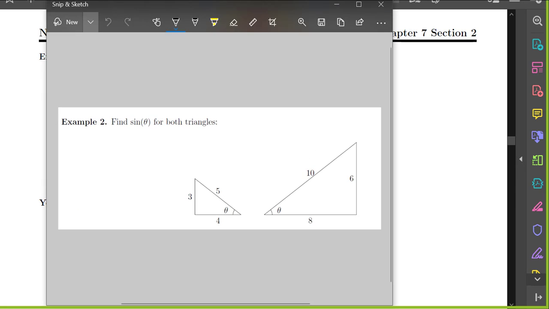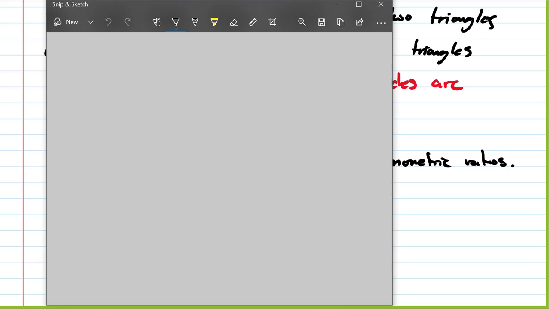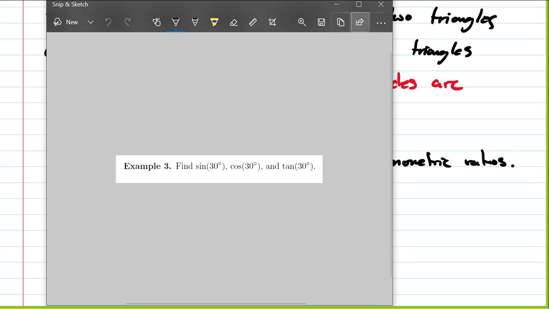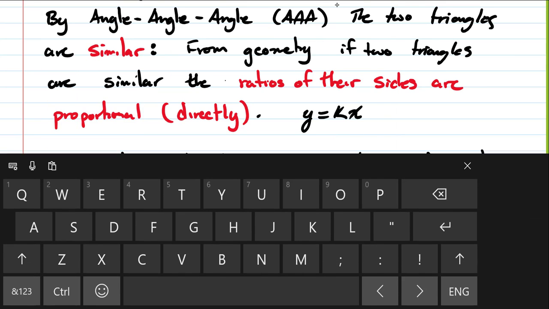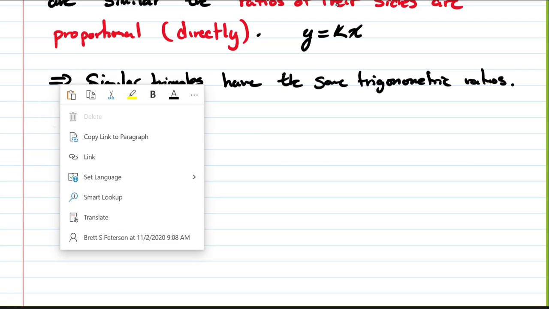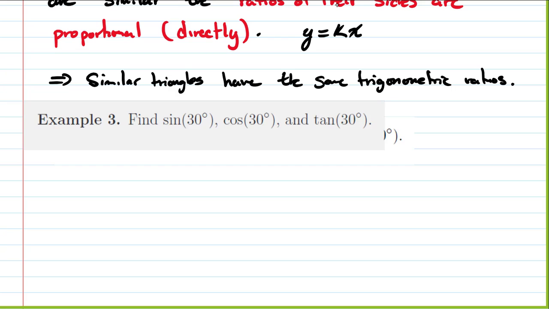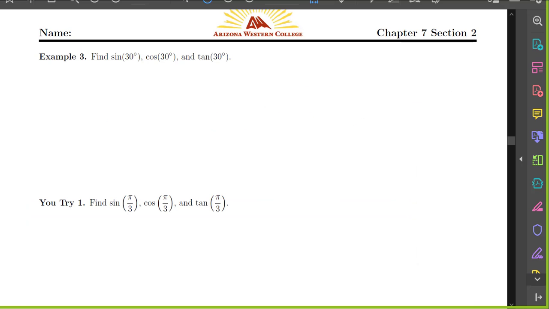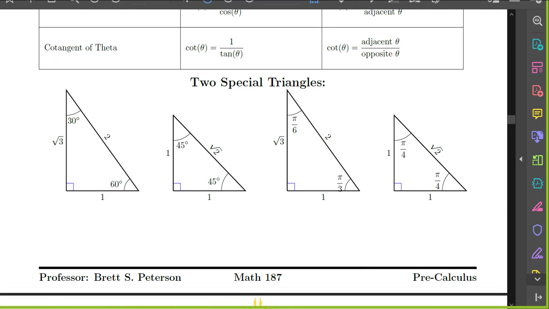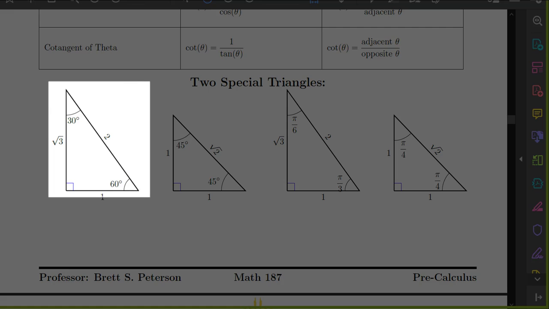All right, so example 3. Let's find the sine 30, cosine 30, and tangent of 30 degrees. So in order to do this, we're going to need one of our special triangles. So we go back, and we need the special triangle that has the measure of 30 degrees in it.